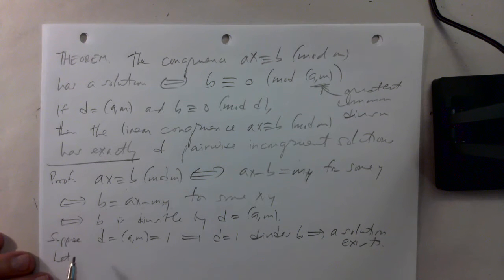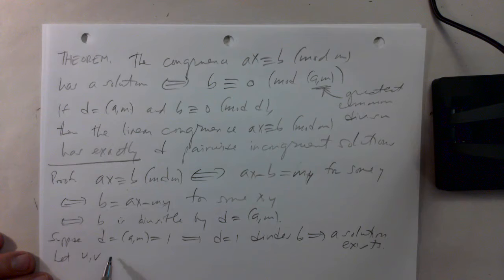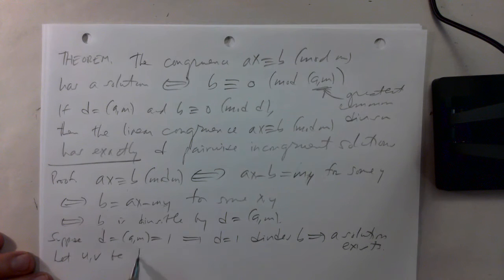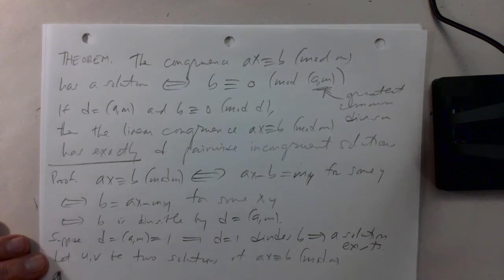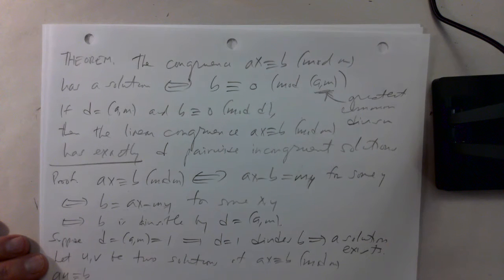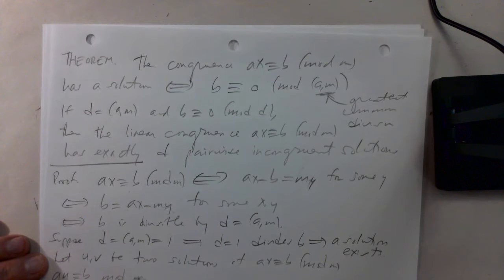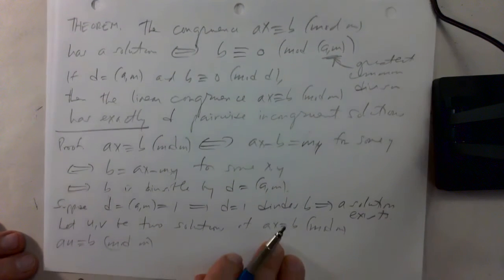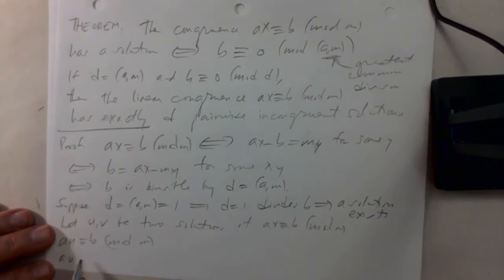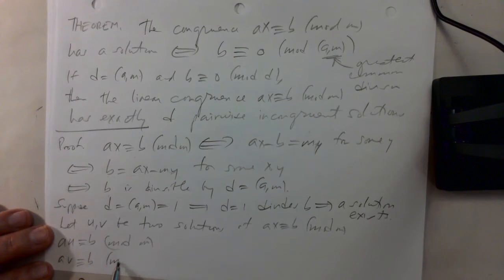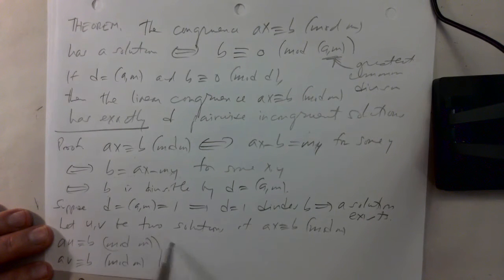Suppose that we have two solutions, U and V, of the congruence AX congruent to B mod M. So we have AU is congruent to B mod M, and AV is congruent to B mod M.